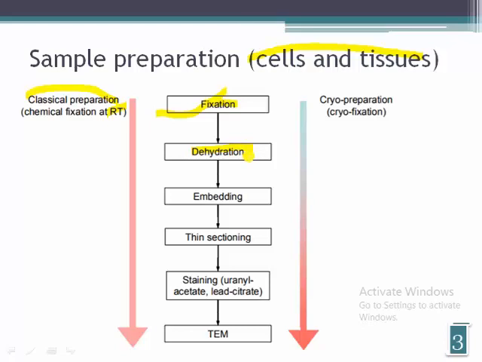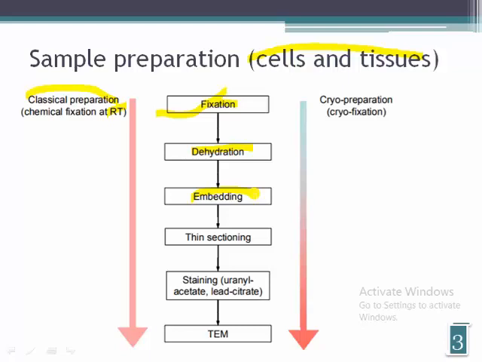And after that, another step is embedding. Once we apply the ethanol, once our sample is dehydrated, we have to exchange the ethanol with a polymer, or you can say monomer first. This monomer will dissolve the ethanol or whatever solvent we applied.